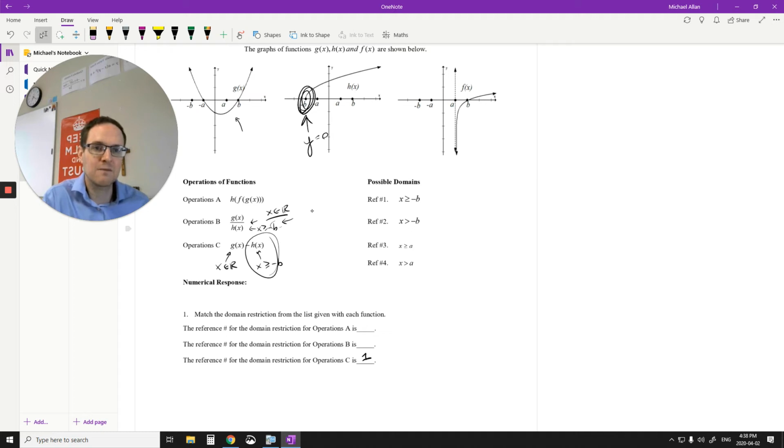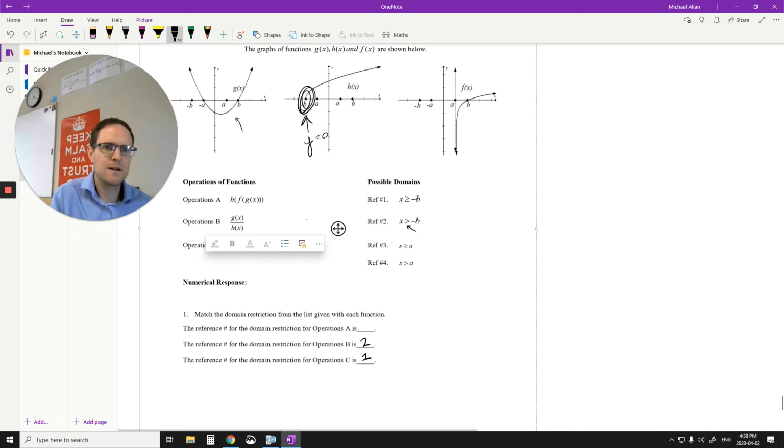If this y value is 0, I'm going to get a divide by 0 error, so this can't be 0 on the bottom. So that is when it's equal to negative b, so that's why this is a 2. So you notice that this doesn't include negative b. Because if it was negative b, that would pop up a 0, and I'd be dividing by 0. So that's why this is a 2 down here. Okay? That's a really messy solution there.